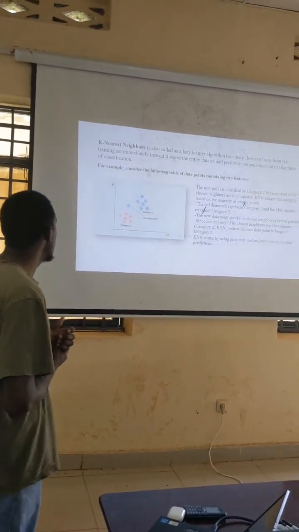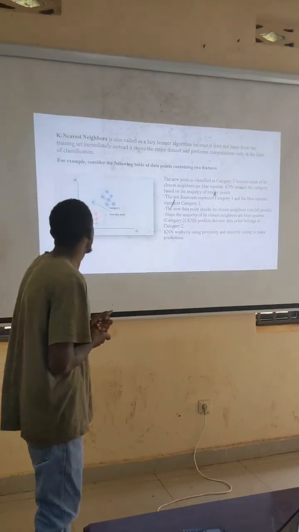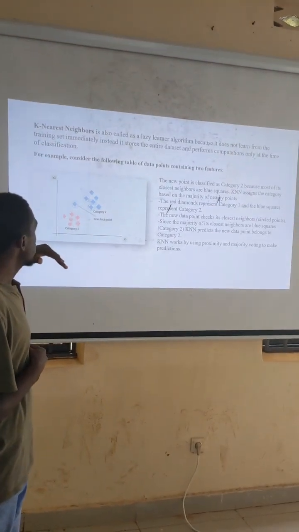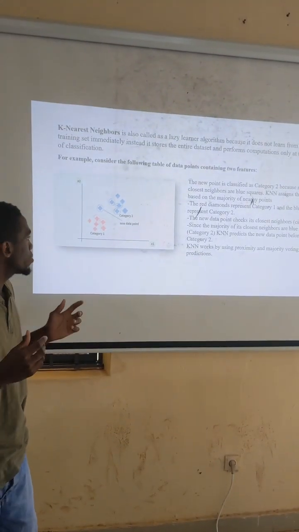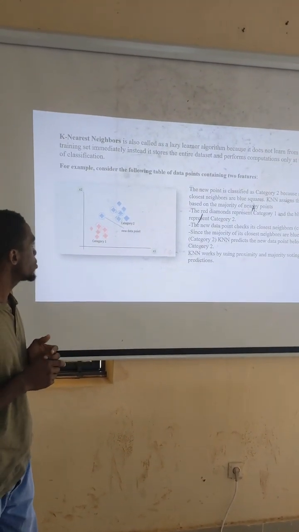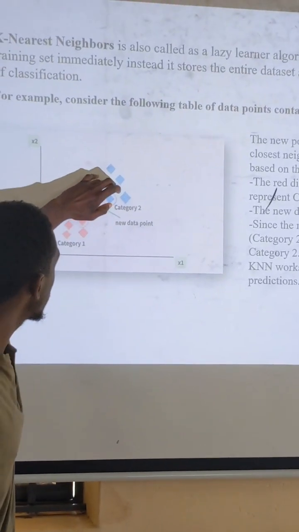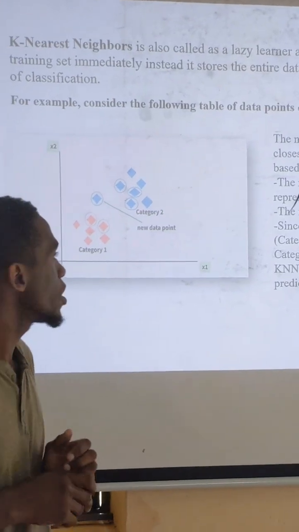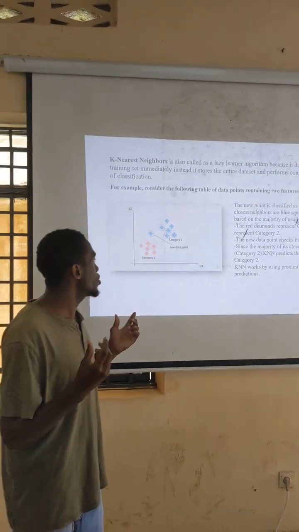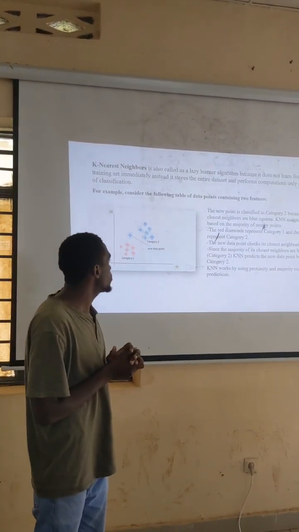Here is an example. The new point is classified as category 2 because most of its closest neighbors are blue squares. So KNN assigns the category based on the majority of nearby points.